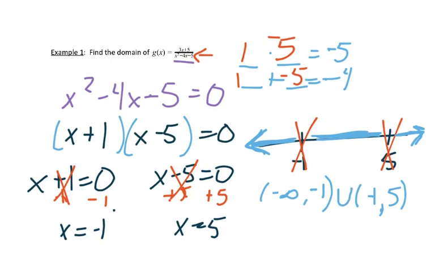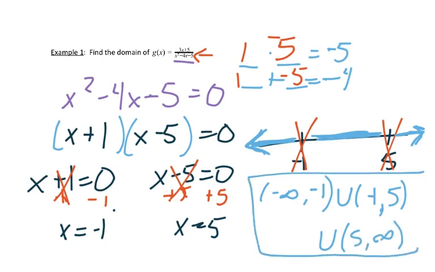Put a union symbol right there, and then another, and then our last piece would start at 5 and go to infinity. And that's the domain for this function. It's all real numbers except for negative 1 and 5. So we want to include everything except for those two numbers that give us problems.